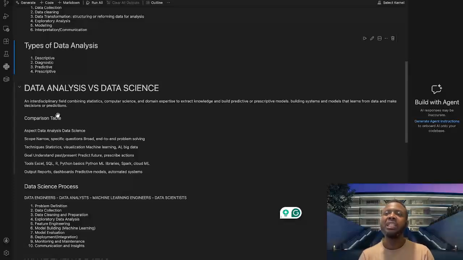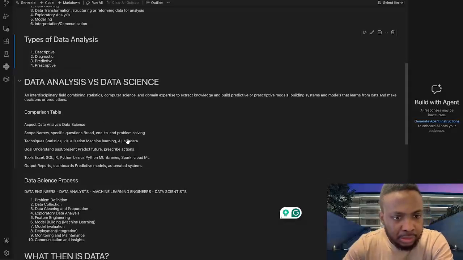Which means he's capable of mining data, engineering data, carrying out various transformations, analyzing data, and also building predictive models. While a data analyst is simply focused on cleaning data and communicating the insight from the data. So data analysis is under data science, while data science is the mother of data analysis.